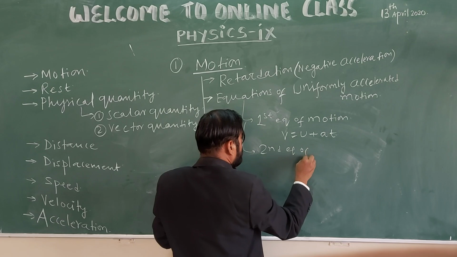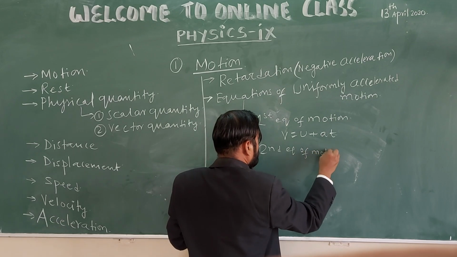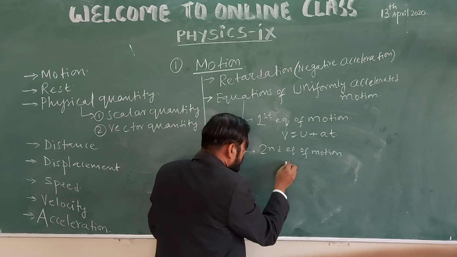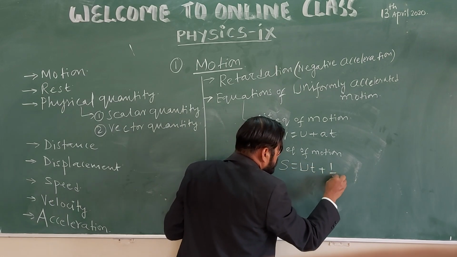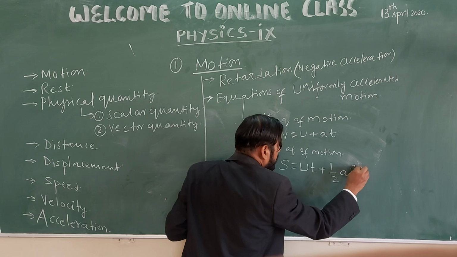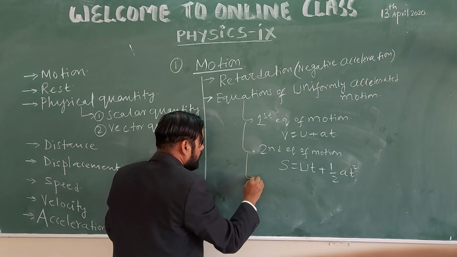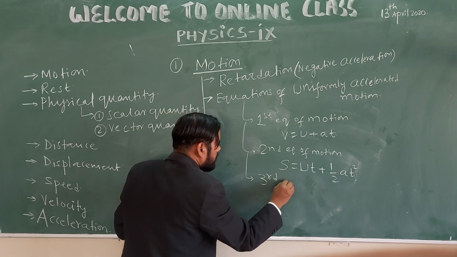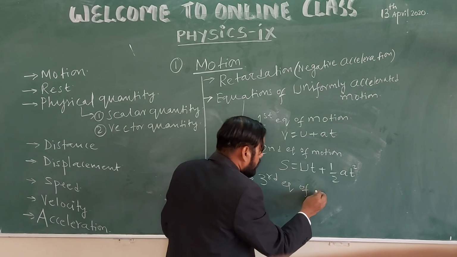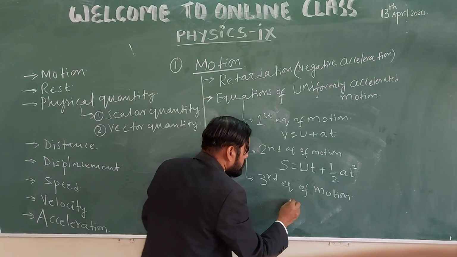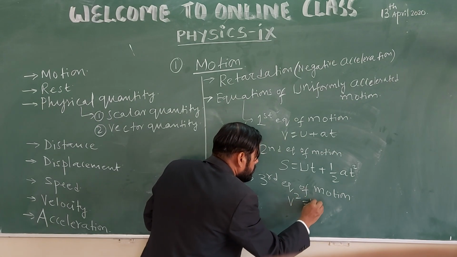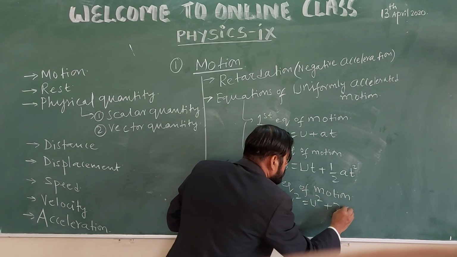Second equation of motion will be S equals to ut plus half at square. Third equation of motion is v square equals to u square plus 2as.